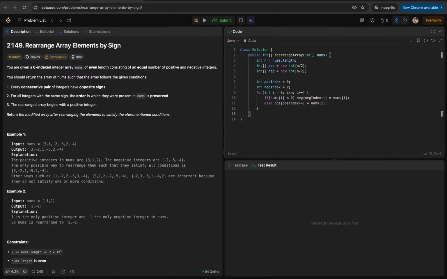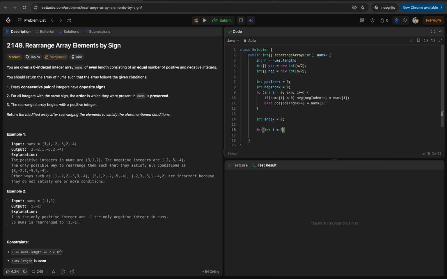Now we have separated them. Now we need to merge them. So what we can do, again we will mark these as, let's say int index equals 0.